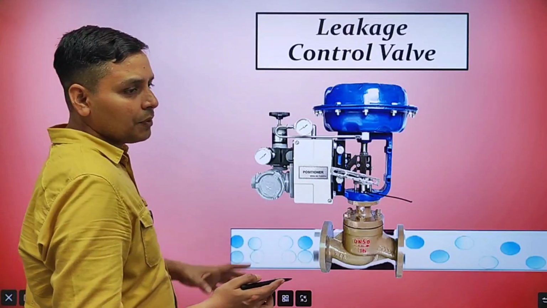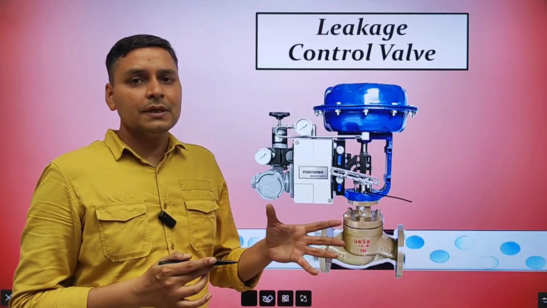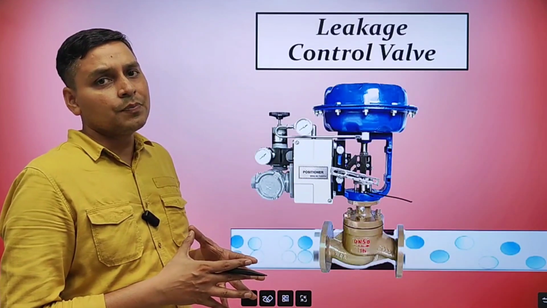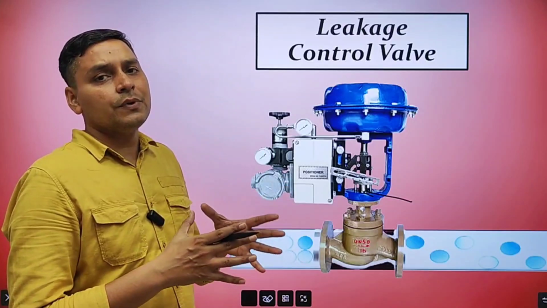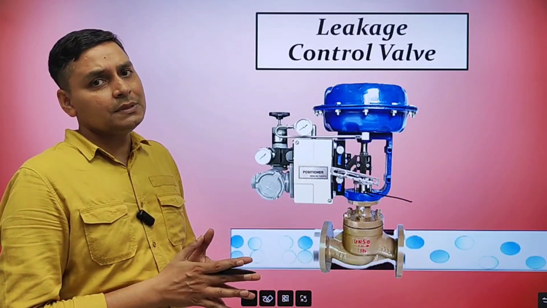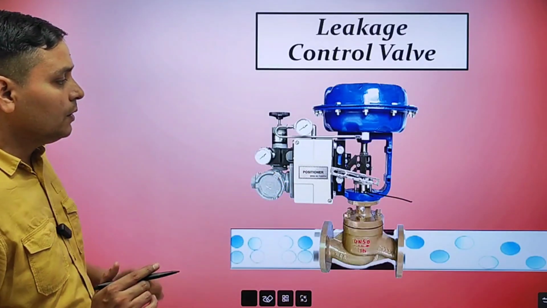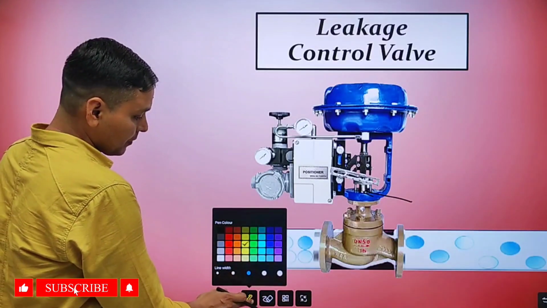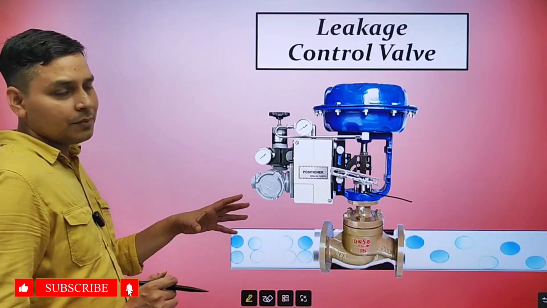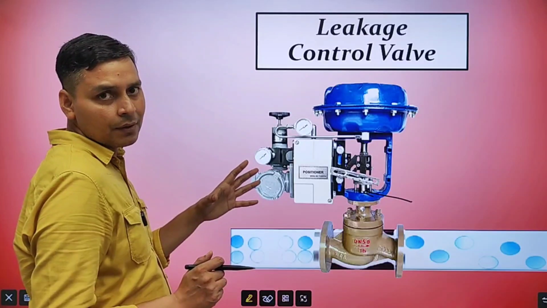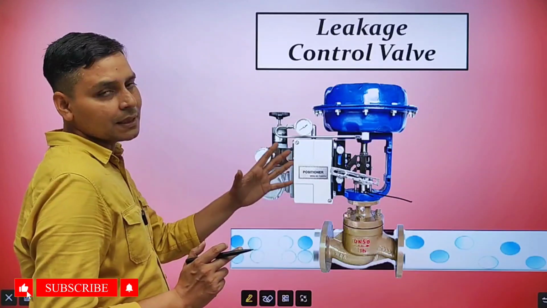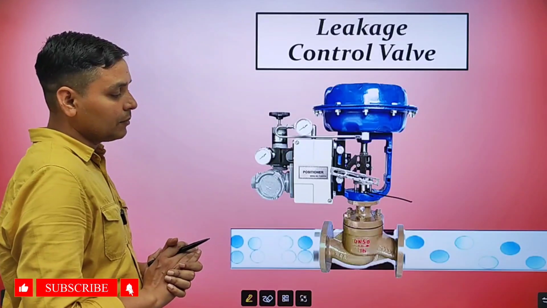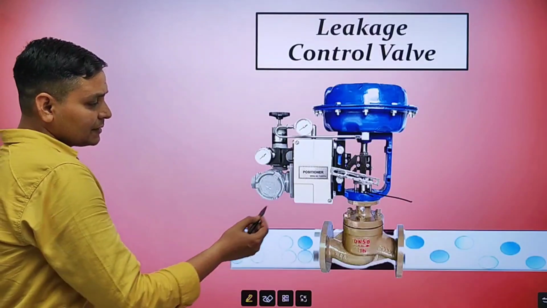In the second type, you cannot see that control valve is leakage or not. Now how will we recognize that control valve is leakage? Look friends, here one important point, note it down please. If control valve is fully closed, okay, and it is passing the fluid, then control valve is said to be leakage control valve. Let's discuss it.